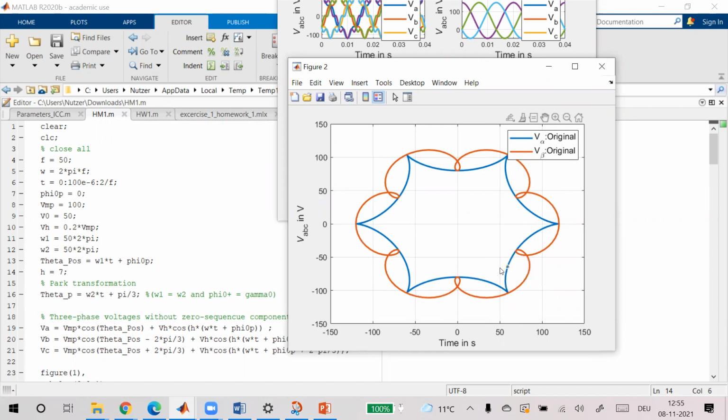So it again has the 6 edges, but it looks different, by the way. When you see something like a flower, it's positive sequence. When you see something going like this, it's negative sequence. I think I have understood. Okay, so this is in the alpha beta frame.